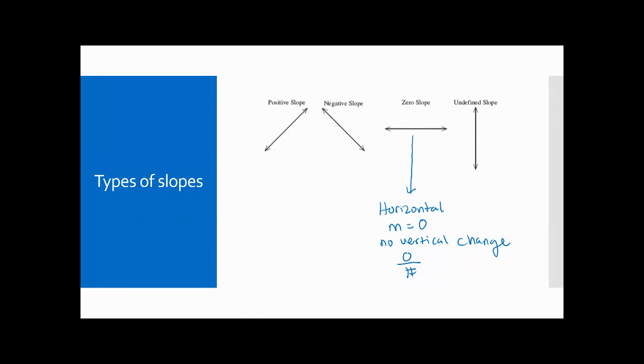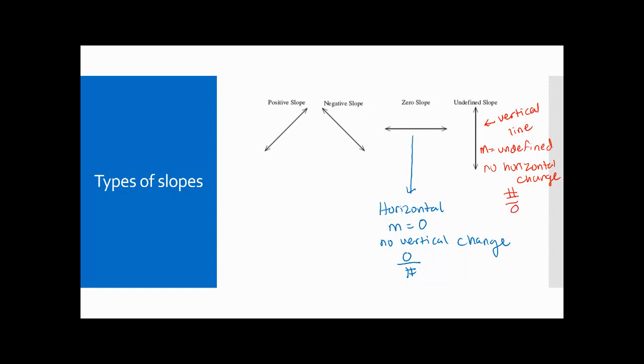Vertical lines, though, like this one right here, we have a vertical line, that has an undefined slope. So you would literally write undefined. And we get undefined when we are dividing by 0. So this has no horizontal change. And the formula is your vertical change over your horizontal.